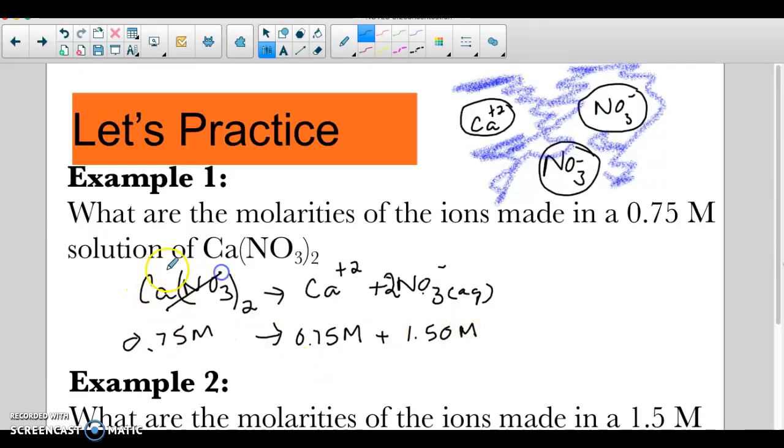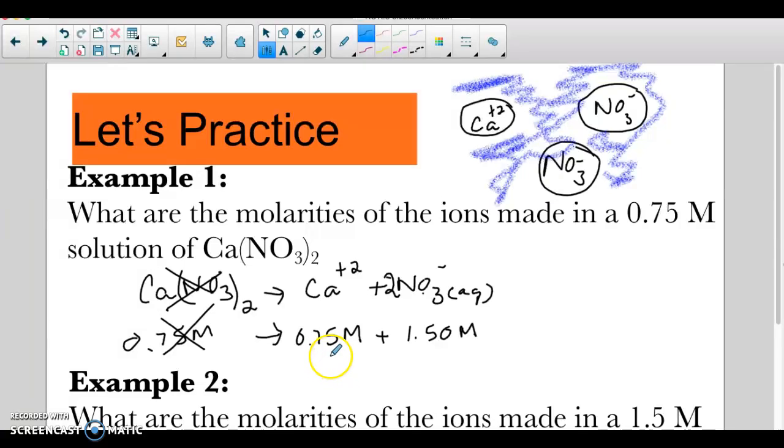So essentially this is gone, because it's kind of like if I were to take a crystal bowl and I drop it, and it breaks into 3 pieces. So it's no longer there. That's what happens once I add it to water. This is no longer there. It becomes the broken pieces. So then the question I might ask you is, what are the molarities of the ions?